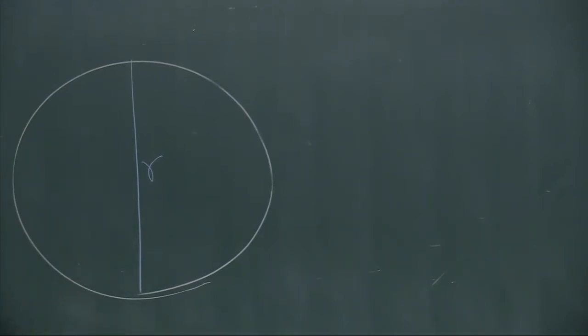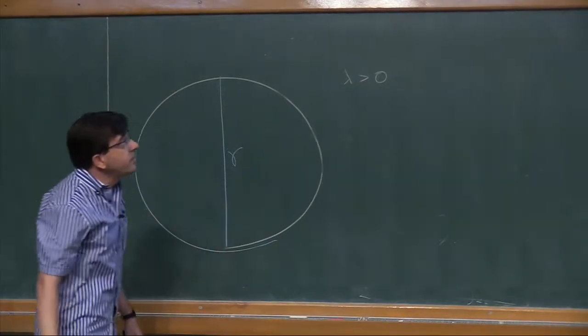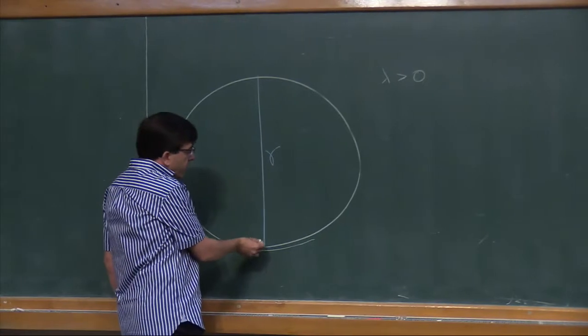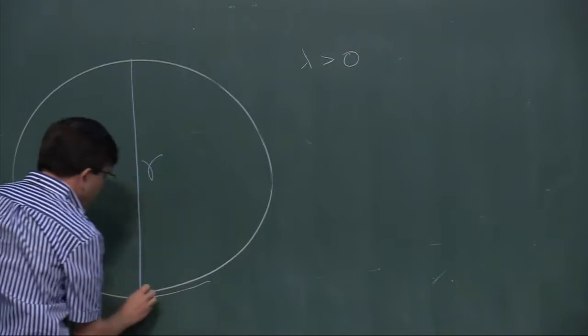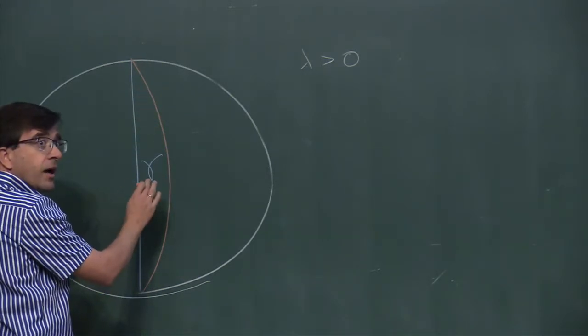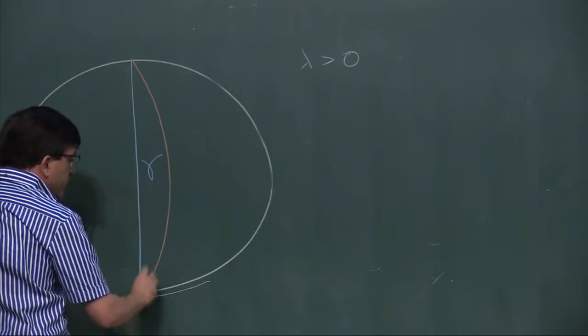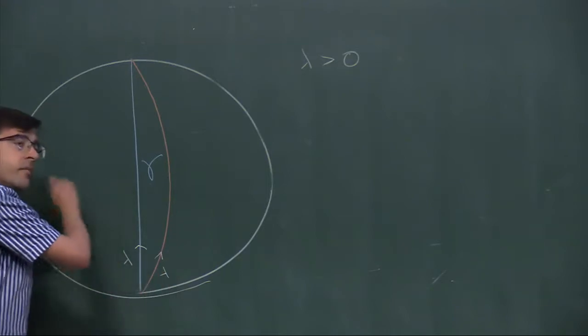Then the hyperbolic dilation by ratio lambda greater than 0 consists of moving along the equidistant curves from gamma the same ratio lambda in all these equidistant curves.